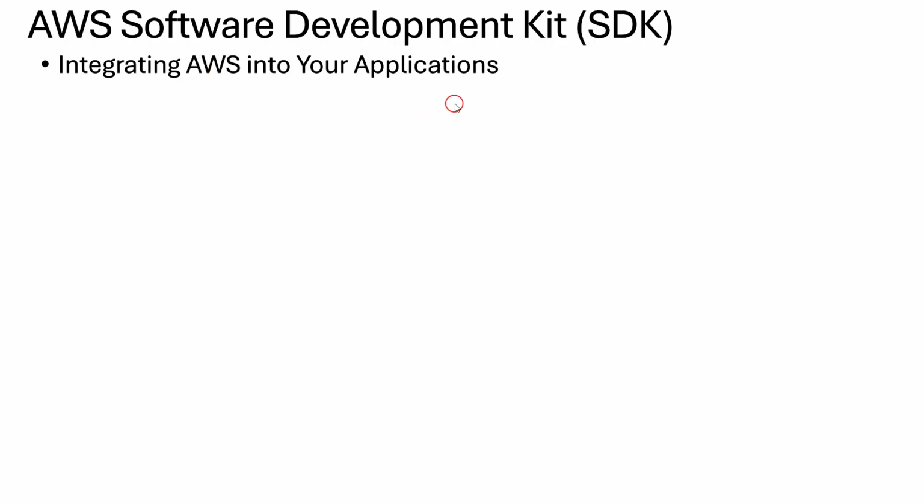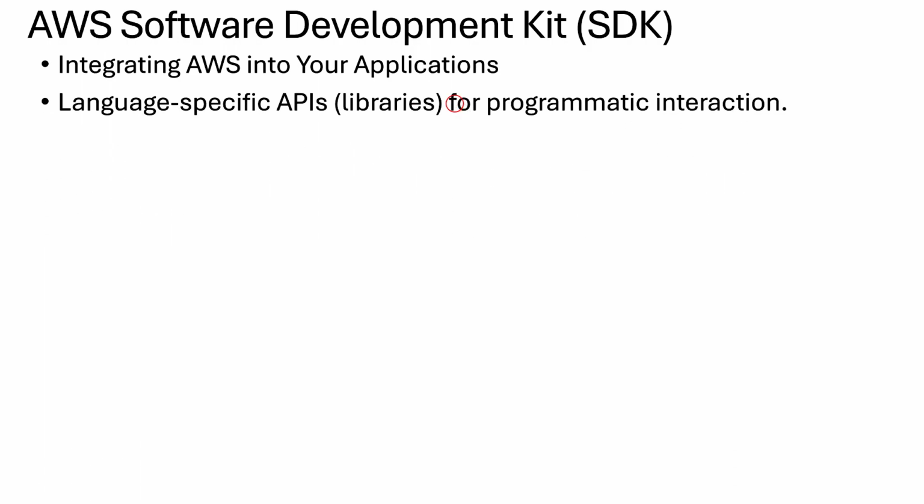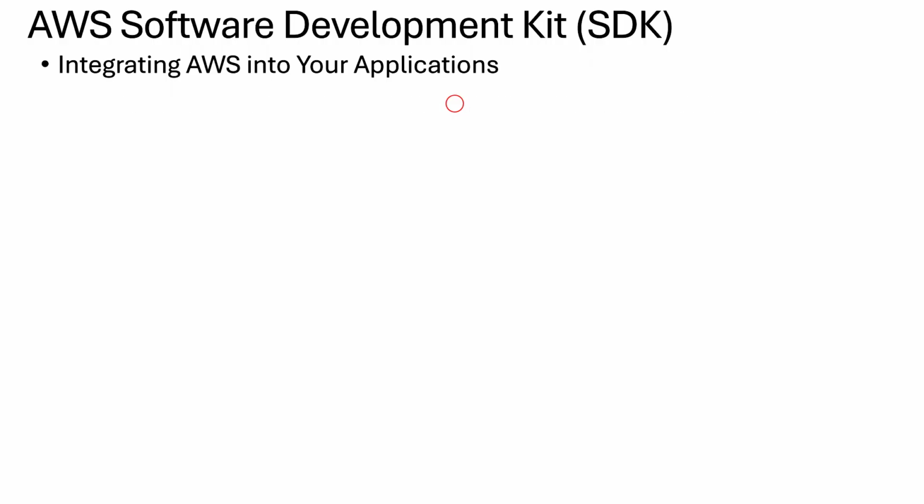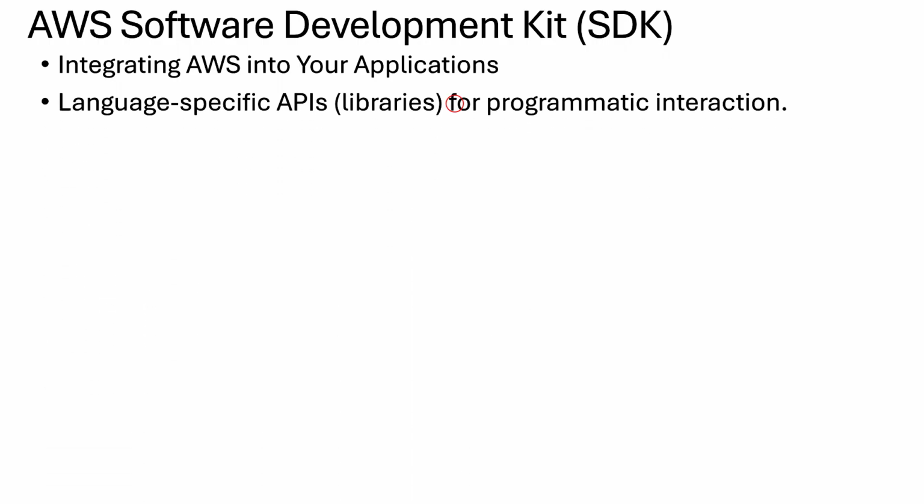In such scenarios, the AWS SDK provides language specific APIs, basically a set of libraries that let your application communicate with AWS. So this set of APIs are language specific, whether it's Java, Python, or .NET, whatever language you are using.